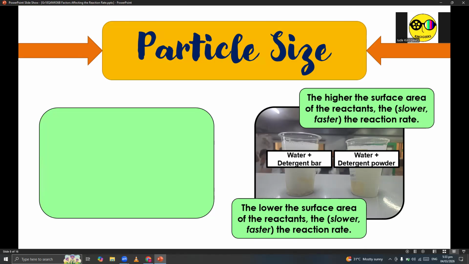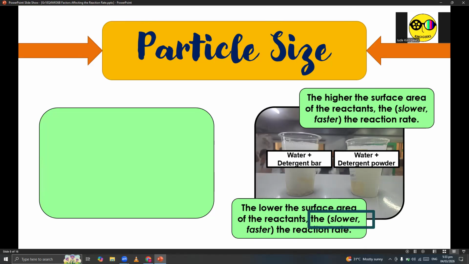However, because its molecules are clumped together, then therefore its surface area is considered lower. And if you have a lower surface area of reactants, therefore you have a slower reaction rate. As you can see also, there are some particles of the detergent bar settling below the cup. Therefore, it's not completely mixed with water.